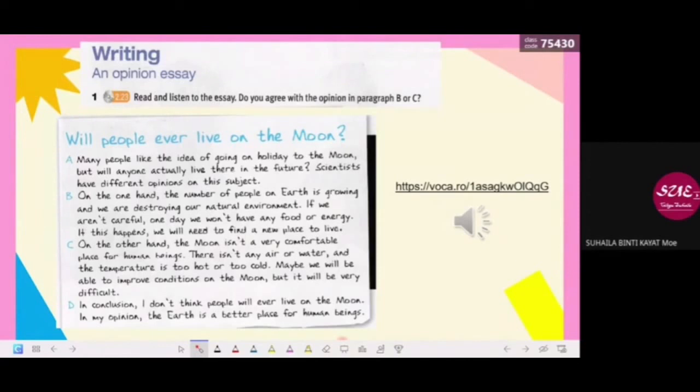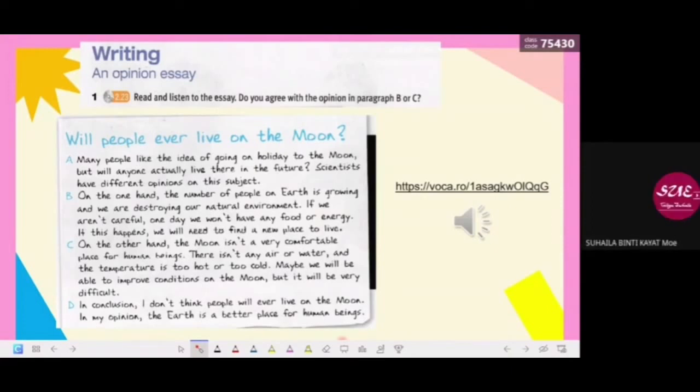Okay, Ashwarya kata C. Lagi? Yang lain kata apa? C. Ha? Siapa cakap A tu? B?